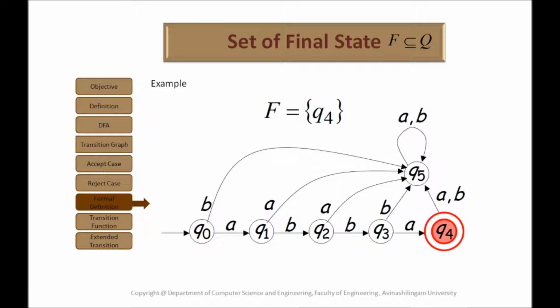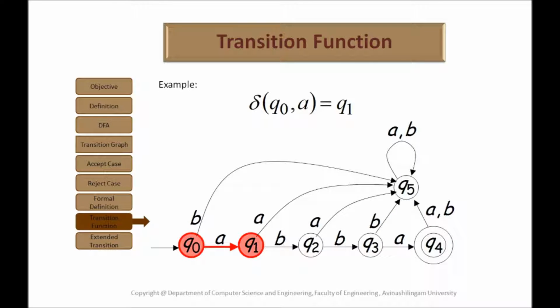Now we will see the transition function. The transition function is represented by using the delta symbol. So delta of state comma input alphabet is equal to the next state. Here we start from Q0. From Q0, using input alphabet A, it goes to Q1. That is represented as delta of Q0 comma A, which is equal to Q1.